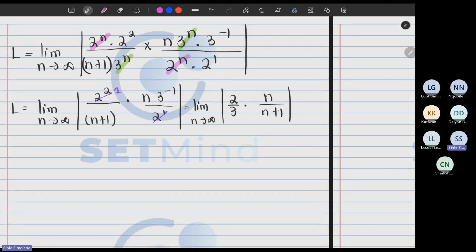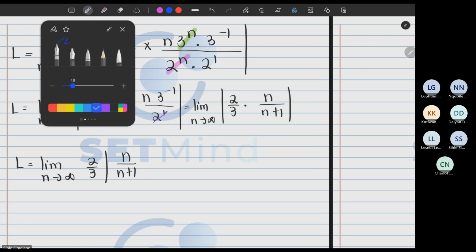When taking the limit, I can put the 2 over 3 outside and evaluate n over n plus 1. Putting in infinity gives infinity over infinity, but there's no need to use L'Hopital's rule.